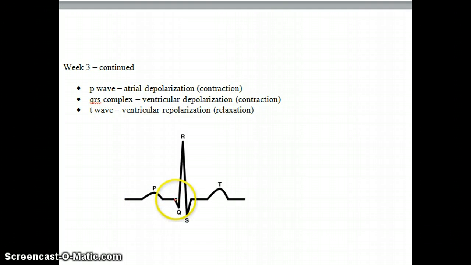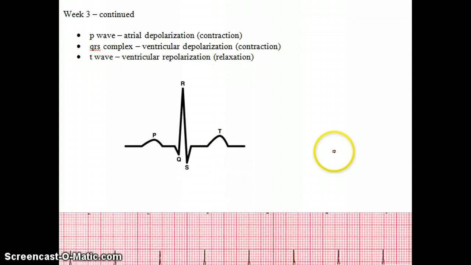The Q is going to be the first downward deflection after the P. The R is the tall upward deflection, and then the S is another downward deflection. That whole thing is the QRS complex, and that represents ventricular depolarization or contraction. Then you have the T wave, which represents ventricular repolarization or relaxation.